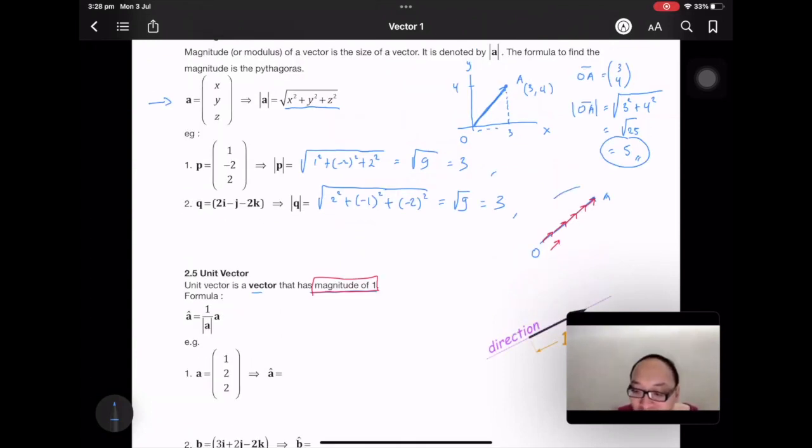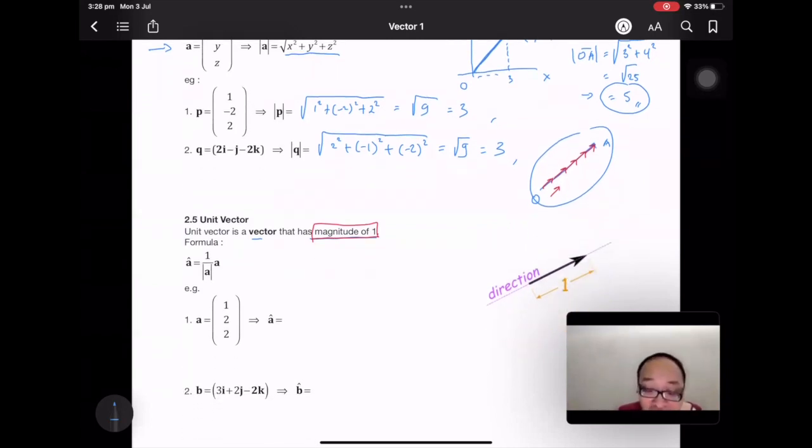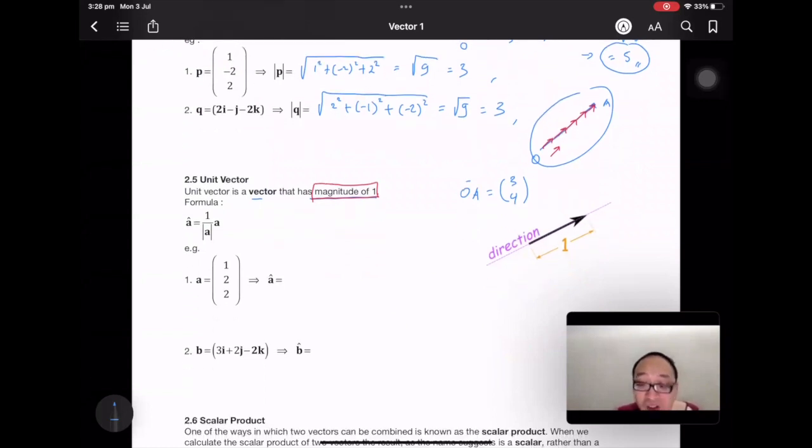How do we get 5 unit vectors here? We divide by the length. The length is 5, so that means there are 5 unit vectors. So how do we find the unit vector? We just divide the vector. What is vector OA? It's (3, 4). What is the unit vector of OA?